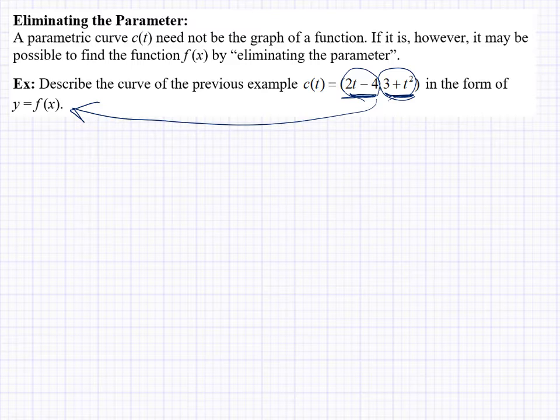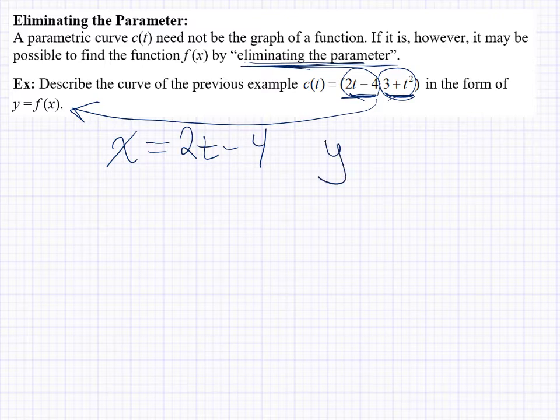One way to do this is through a process of eliminating the parameter, eliminating the t value. Let's look at how we do that. One way to do that is by simply looking at this almost as a system of equations.